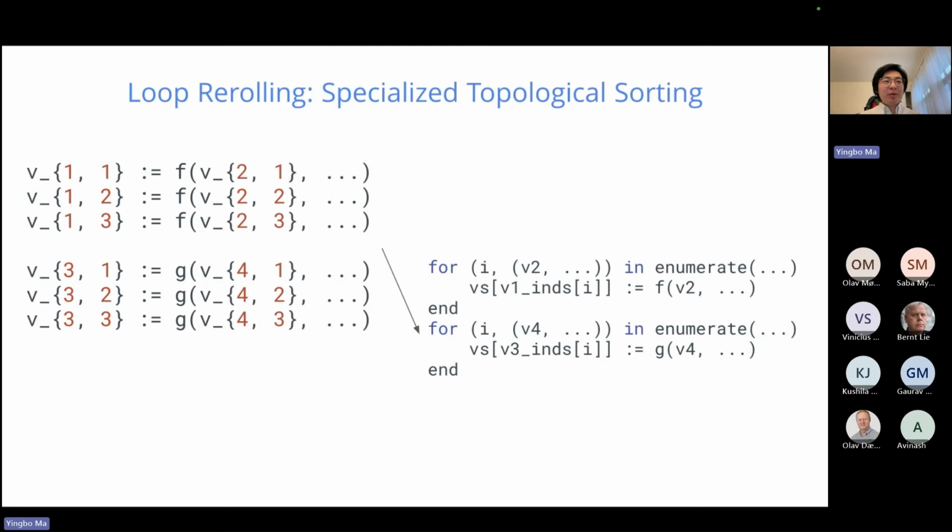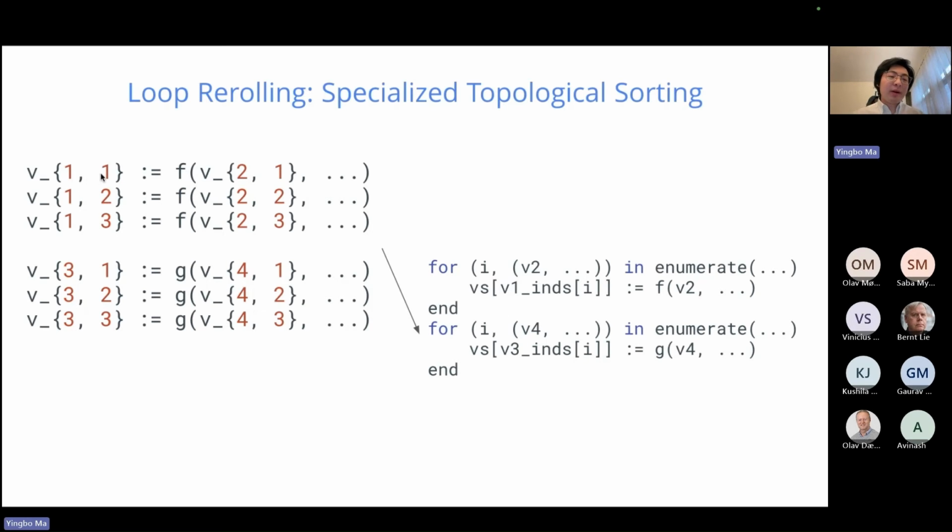So before we use a variable, the variable needs to be already defined, basically. So that's a topological sorting problem. And if we order equations in this particular way, it's trivial to transform this list of equations into loops.